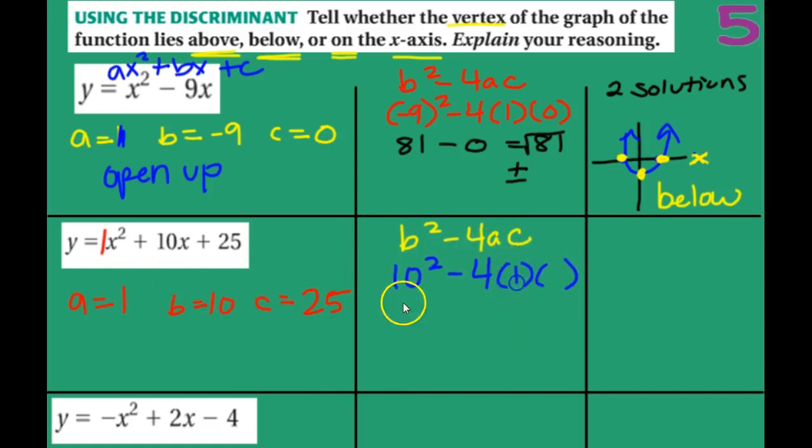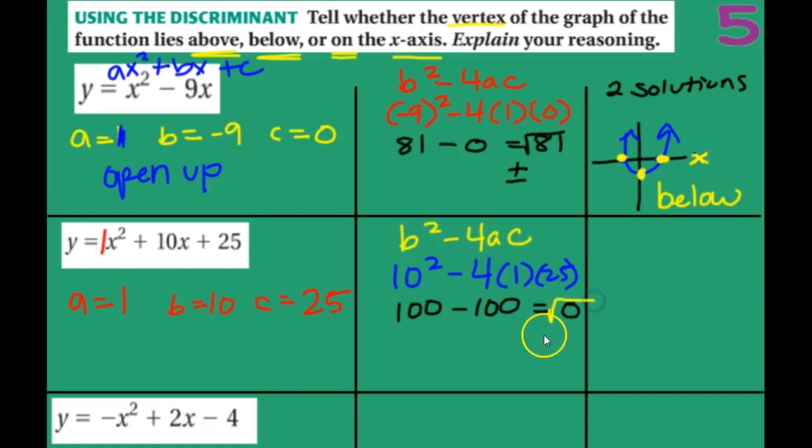A is 1, and c is 25. So simplifying 10 squared is just 100, 10 times 10, minus 4 times 1, which is just 4. 4 times 25 is 100. So we have 100 minus 100, which is now just 0.